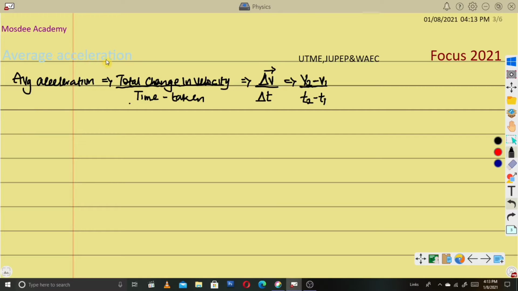I said it is defined as the total change in velocity over the total time taken by a particle or a body. The example we are going to look at should be a simple one to understand the phenomenon.